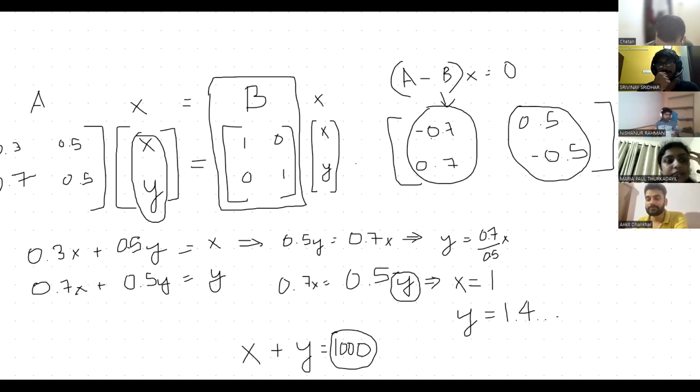Our specific solution we'll only get when we add one more equation, which we didn't actually use the matrix to represent. We can just plug in the values of x and y and multiply with this matrix, the minus 0.7, 0.5 one, and see if you are getting 0 or not.